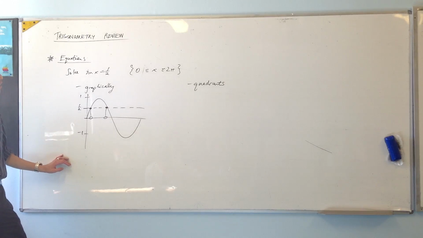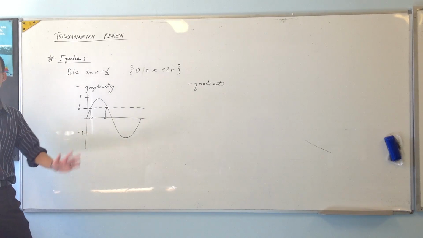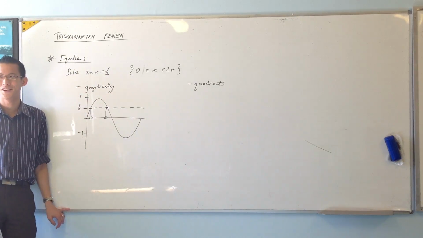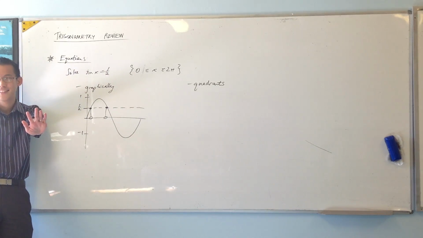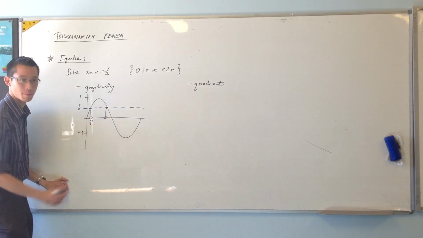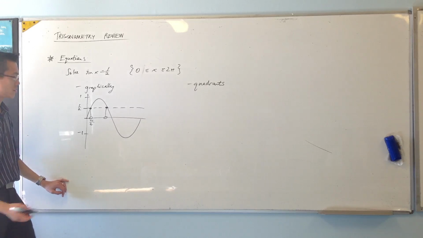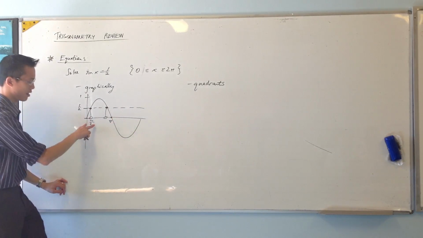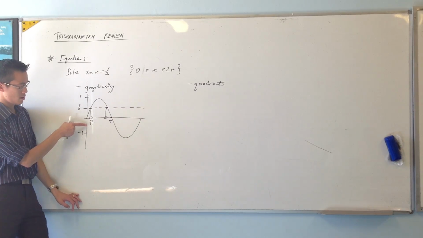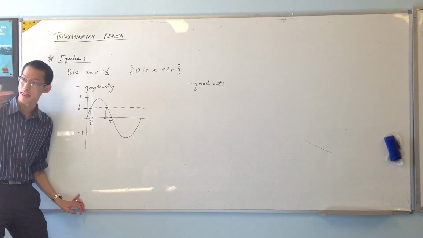Then you want to think about your exact values. Sine x equals a half. What's the exact value I'm after here, in radians? Pi on 6, good. Does that look like it could be pi on 6? Yeah, it matches, because this is about pi. Sure enough, that does look like about the 6th away. Then, using symmetry, you can see, to get this solution, I've gone pi on 6 that way.